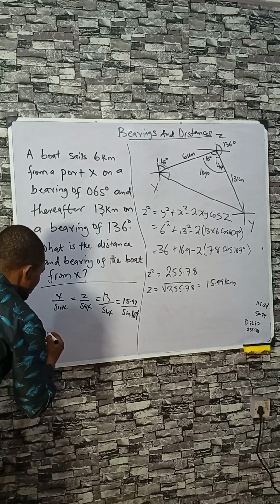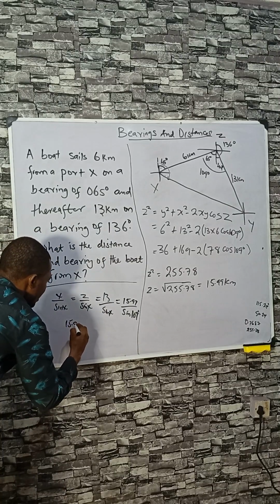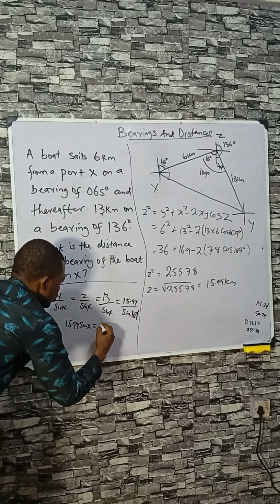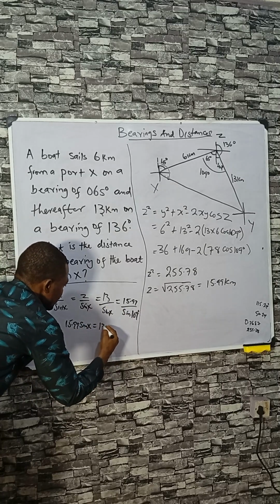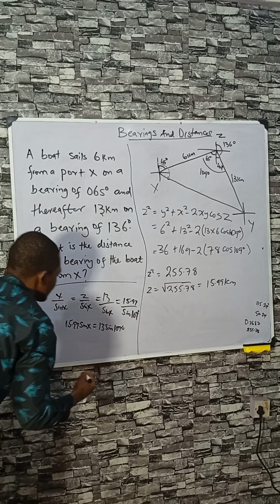Now you cross multiply to have 15.99 sine x equals 13 sine 109 degrees.